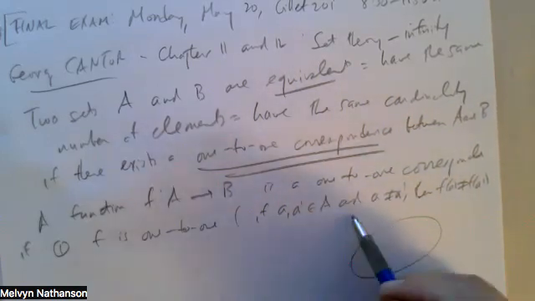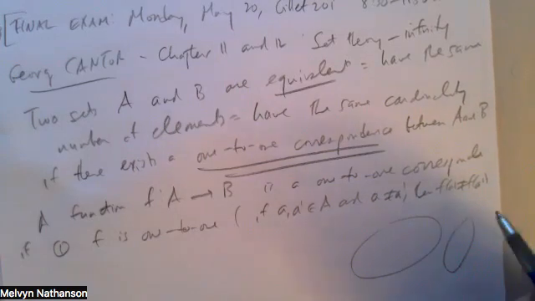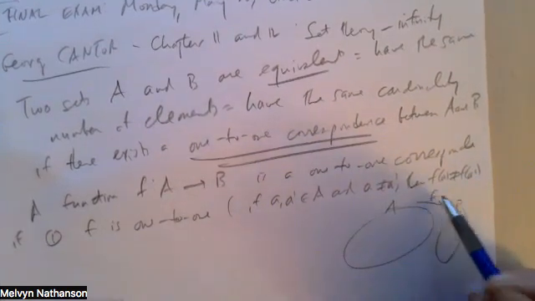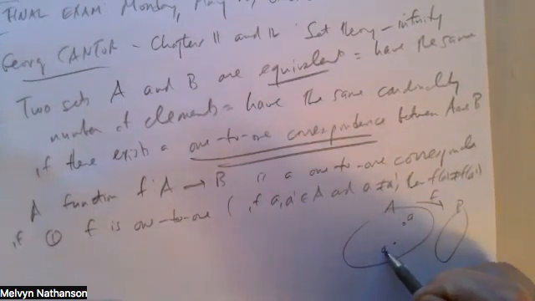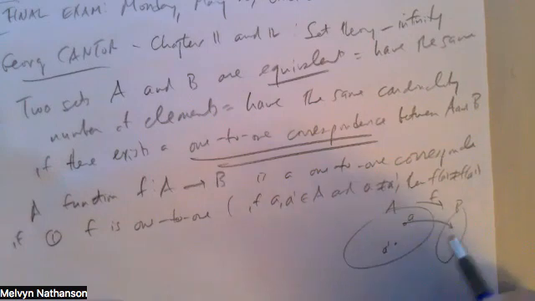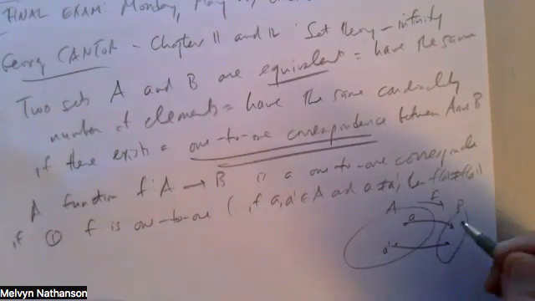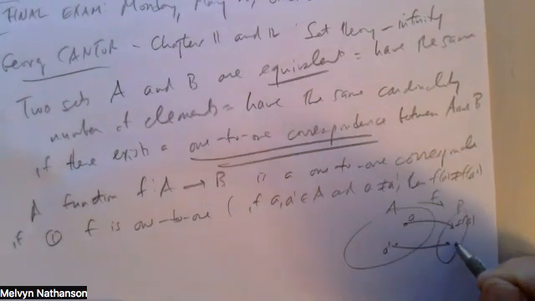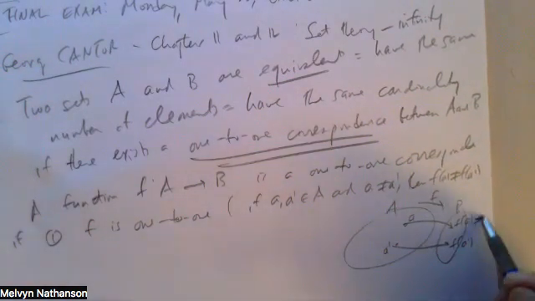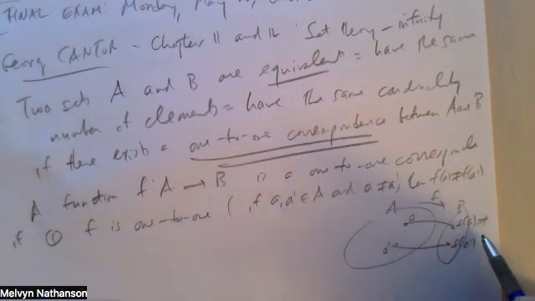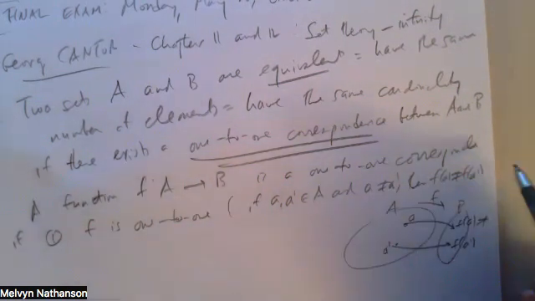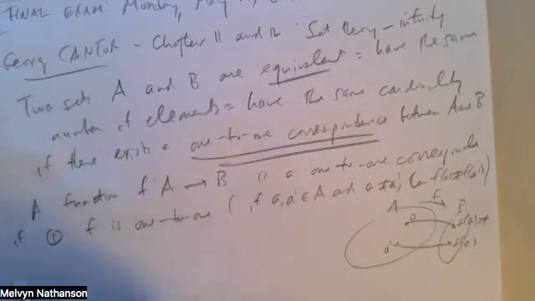In other words, if these are your two sets, A and B, and you have a function f between them, if you take two different elements, A and A prime in the set A, they get mapped to two different elements in the set B. So different elements in A get mapped to different elements in B. That's what it means for a function to be one-to-one.